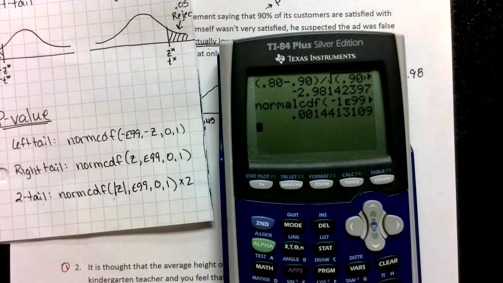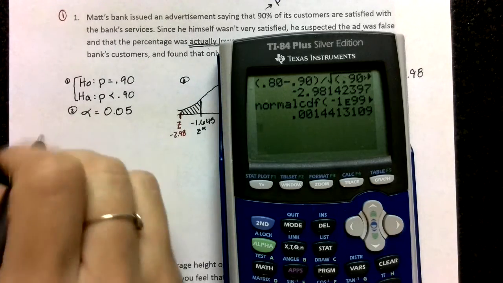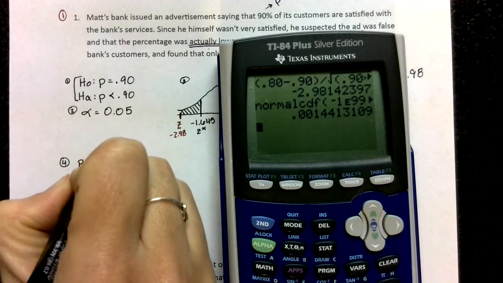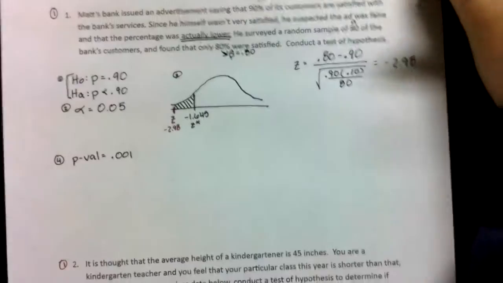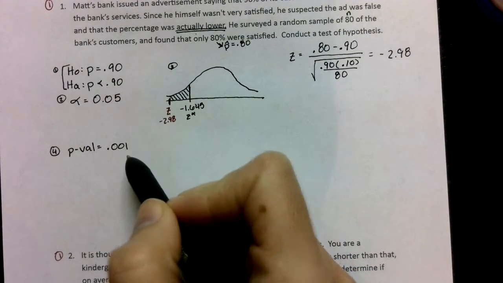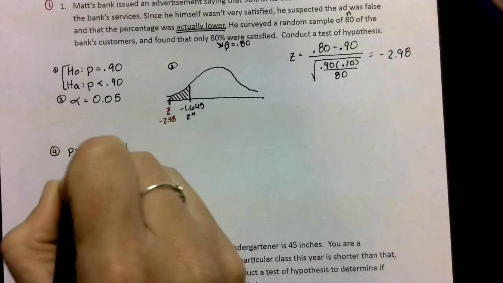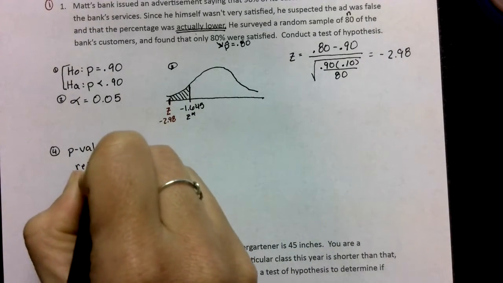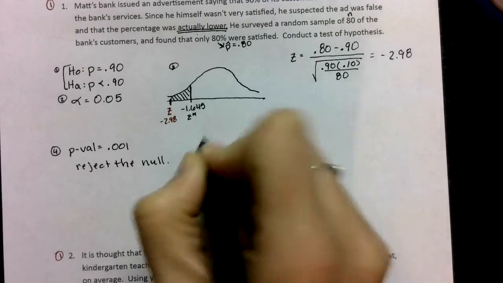I do not have to multiply it by anything because it's a one-tail test. So I get a p-value of 0.001. All of this falls in the reject region. I'm comparing my p-value to alpha. It is definitely less, so this tells me I get to reject the null.